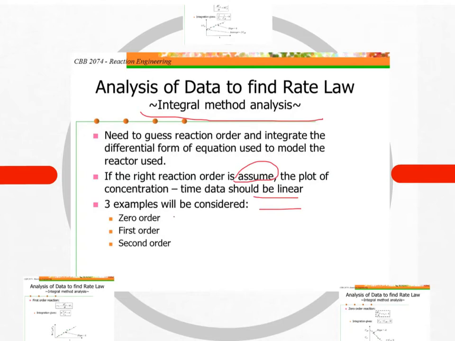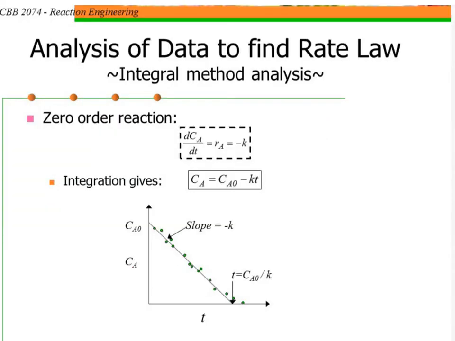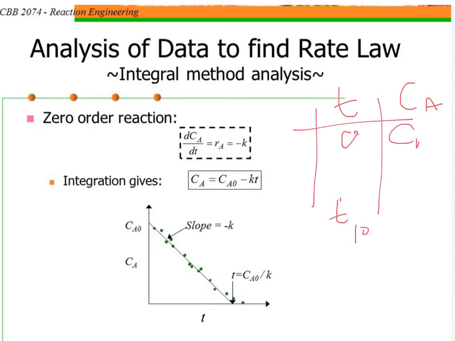Three examples we consider are zero, first and second order. Let's say you have a set of data with T and CA, T from 0 up to a certain value, T10 for example, and CA from CA naught until CA10 for example.